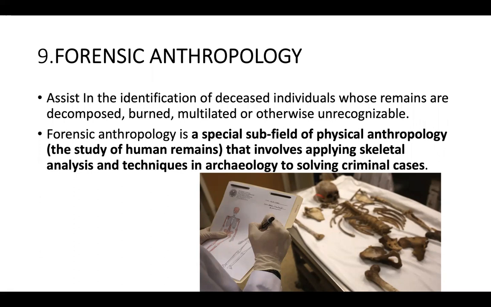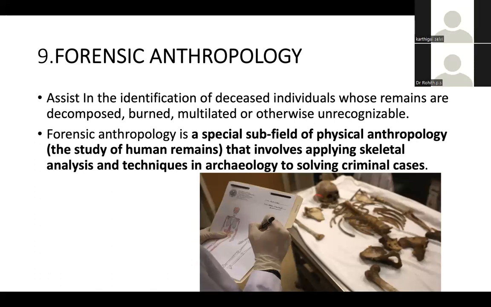Anthropology means study of things from long back. Here, with human remains, we do skeletal analysis. If we get a skeleton, we study the skeletal stature, whether it is male or female, and whether any assault happened to it. Study of those remnants relates to forensic anthropology.